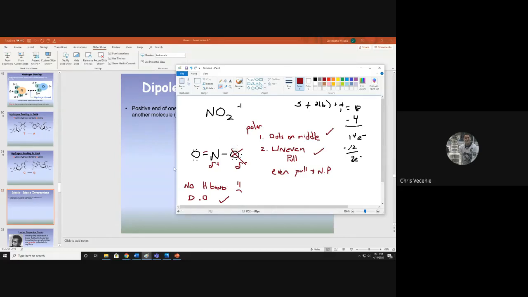And if it were the original one, I have oxygen and oxygen, that would be an even pool because they're both oxygens. It would be nonpolar. But in the second setup, if I made this not be oxygen and instead it was like chlorine, O and Cl are different, it's an uneven pool, it would be polar.